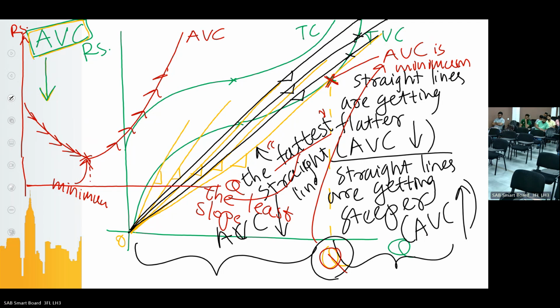And this point of Q, where AVC is minimum, is this. So don't cut the vertical axis with the AVC curve, because even at the original origin point, it takes some slope.